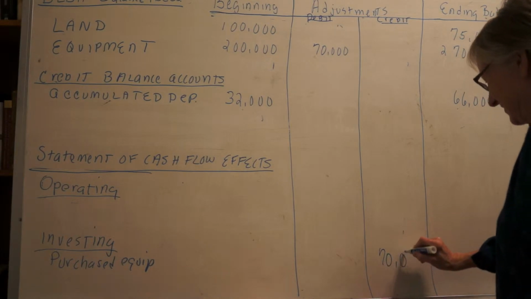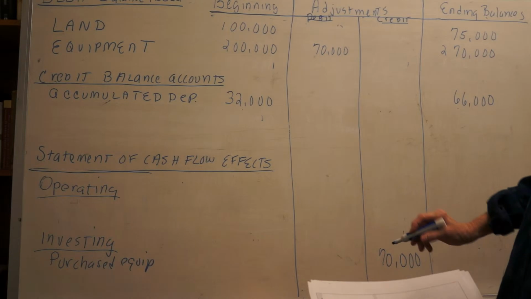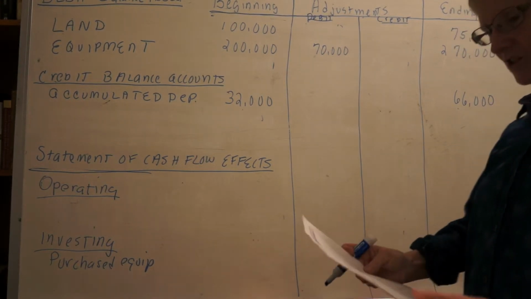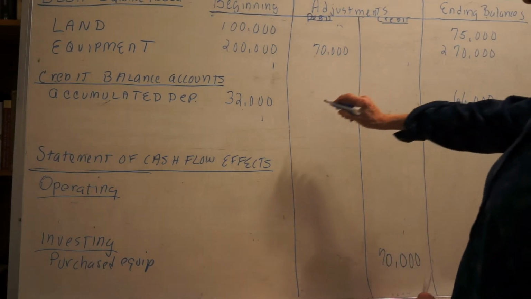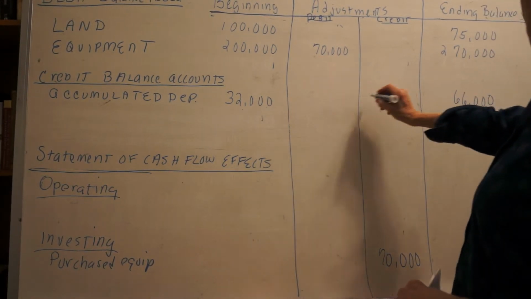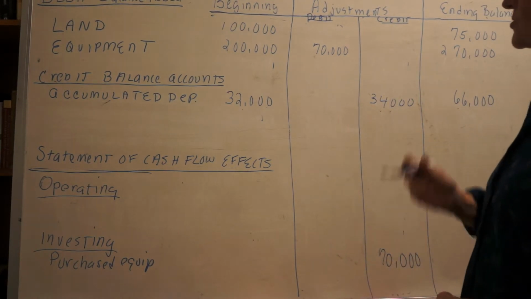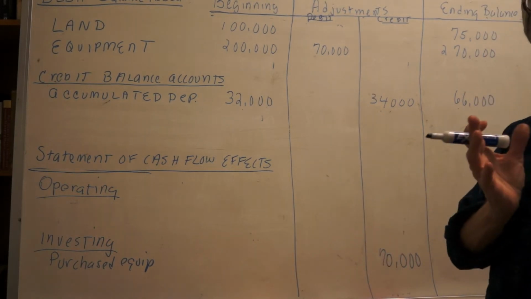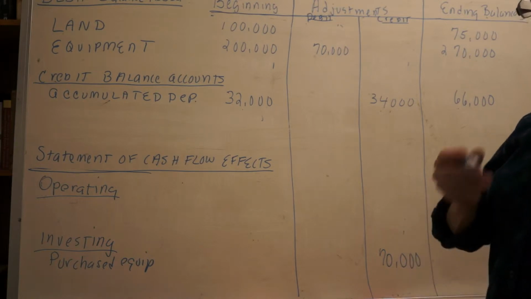Okay. All right, now we'll do the depreciation. If we were recreating the journal entry in our head, we'd be going, oh, okay, so depreciation expense, we see that the difference here is $34,000. It went from 32 plus 34 would give us 66. So the journal entry we would be recreating to get this would be depreciation expense debit, accumulated depreciation credit.